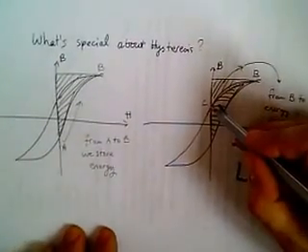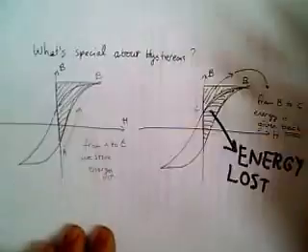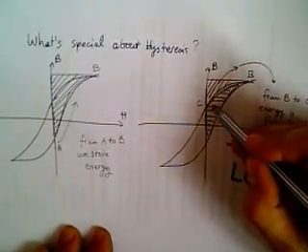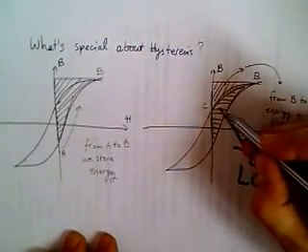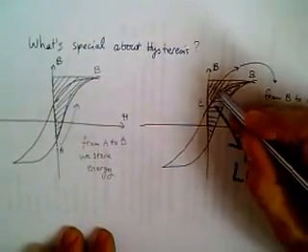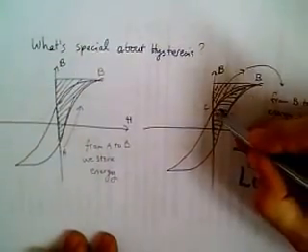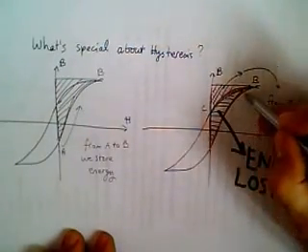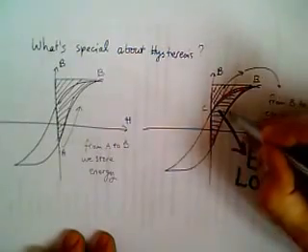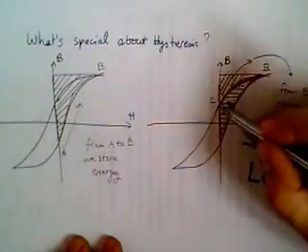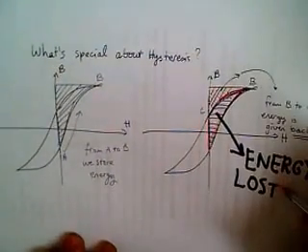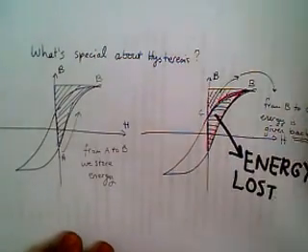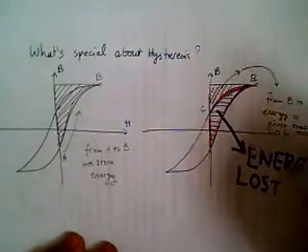And when we come back in the same cycle of the alternating current, some of its energy is released, but the energy proportional to this area is completely lost within the material, usually as heat, or some part as radiation.